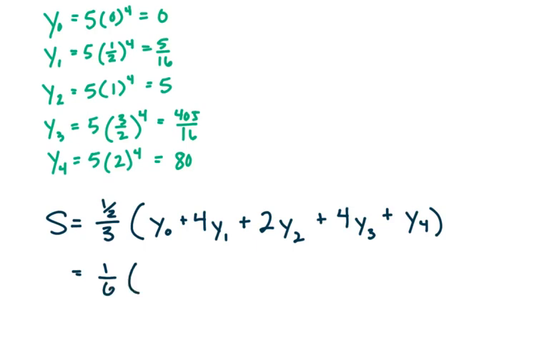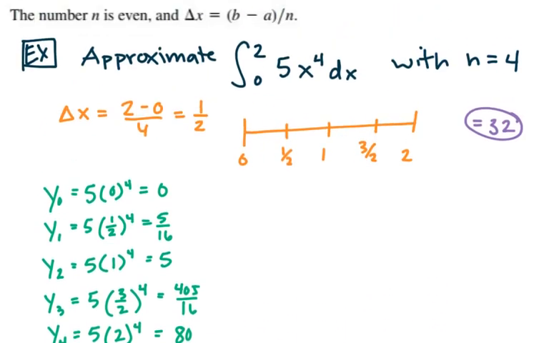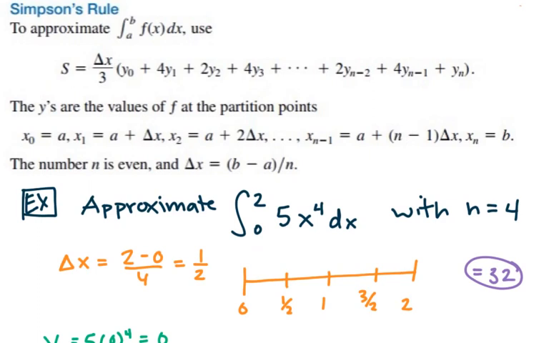Or 1/6 times 0 plus 4 times 5/16 plus 2 times 5 plus 4 times 405 over 16 plus 80. So what I have done here is really I've just plugged those numbers into my Simpson's rule approximation. We're always going to end with the second to last term having a coefficient of 4, and the last term will have a 1.